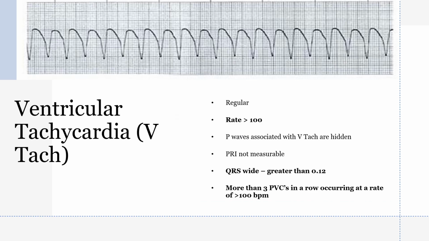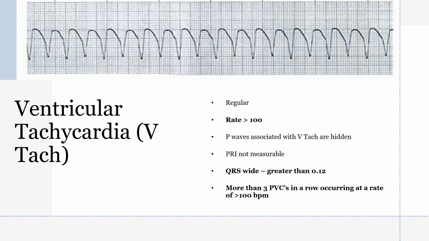The next ventricular strip is called ventricular tachycardia. Now, the strip that we show here is a solid run of ventricular tachycardia. Patients sometimes can have a short run of ventricular tachycardia, so 2 beats, 3 beats, things like that. If a strip has more than 3 PVCs, premature ventricular contractions, in a row, that person has had what we call a run of VTAC.